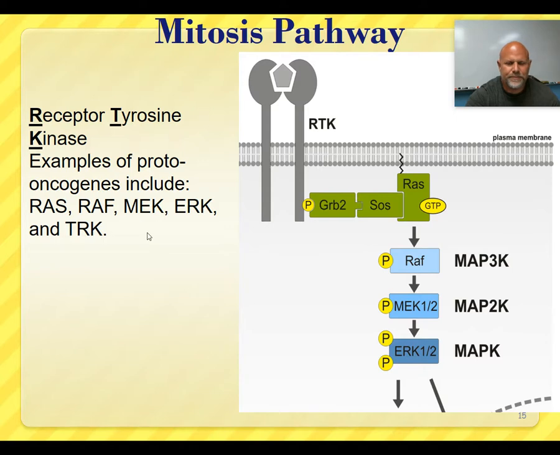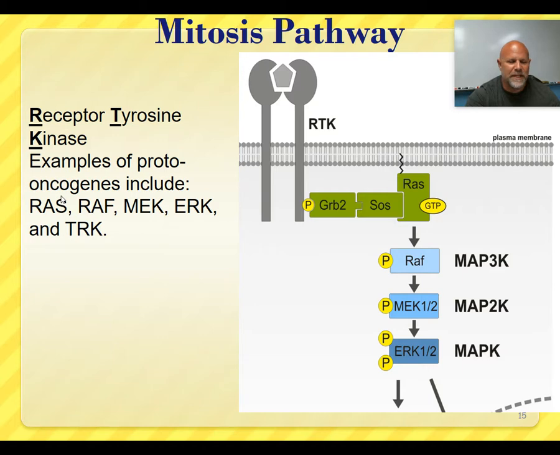All of these are considered proto-oncogenes. When we get into mitosis later on, all of these particular proteins, if they get modified into a permanently on state, can trigger mitosis to keep happening over and over and over again, and that's what we call cancer. So proto-oncogenes are good genes for regular mitosis.